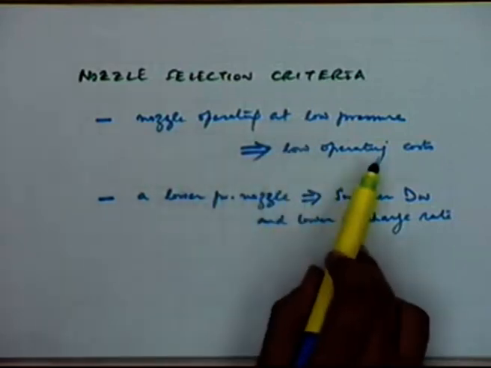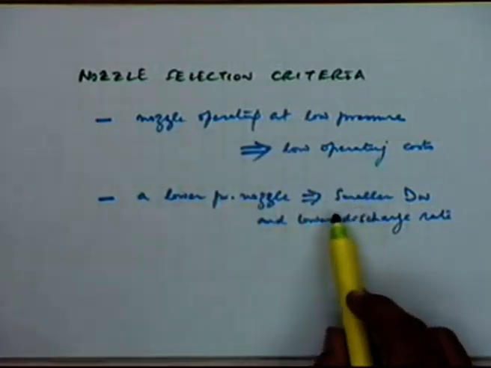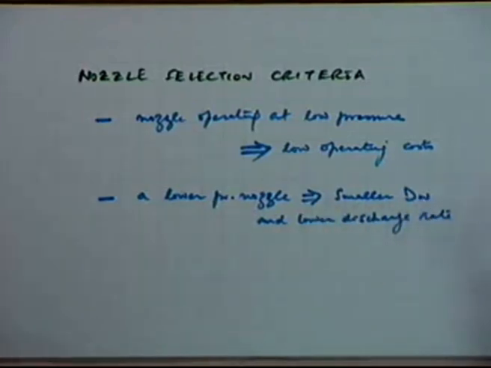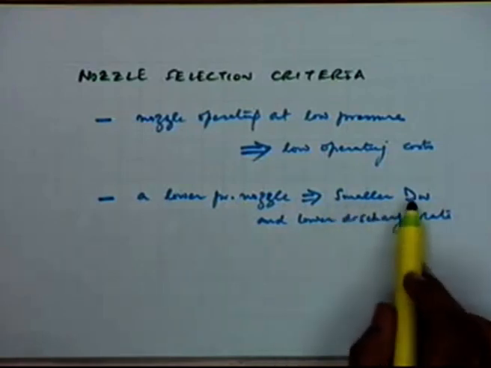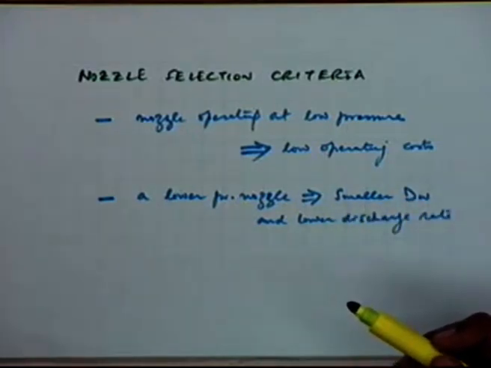So after taking this step, you have landed yourself in this result, that by selecting a lower pressure, you have reduced the wetted diameter, and you have reduced the discharge rate also.